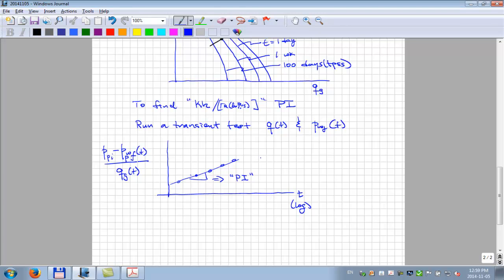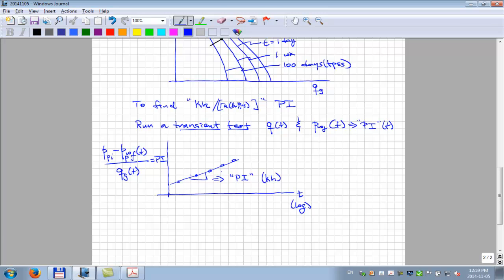It's not quite that simple, but at least you'll be able to get out the KH of that part of the PI. So this is called a transient test, which gives you a transient PI as a function of time.